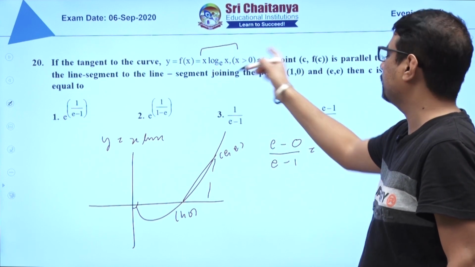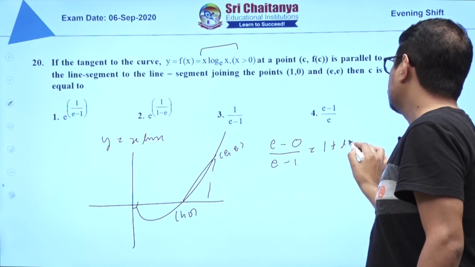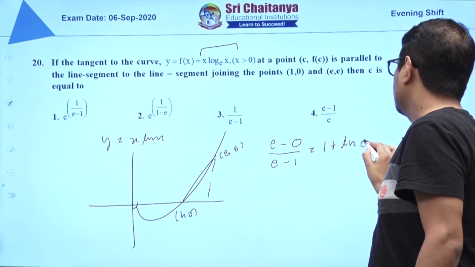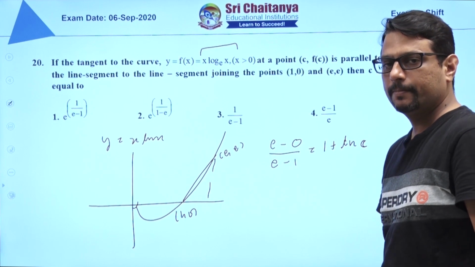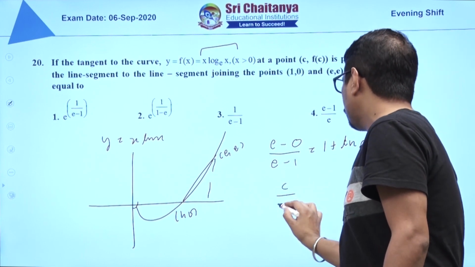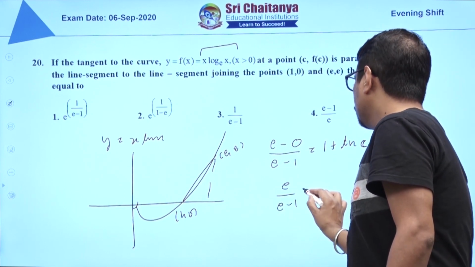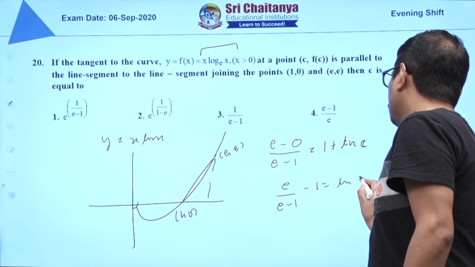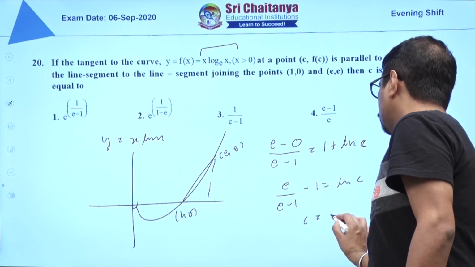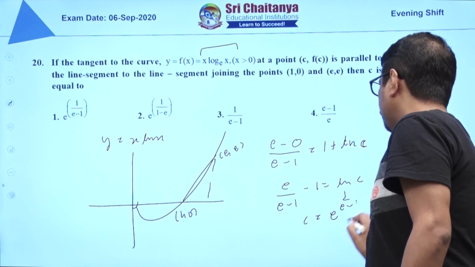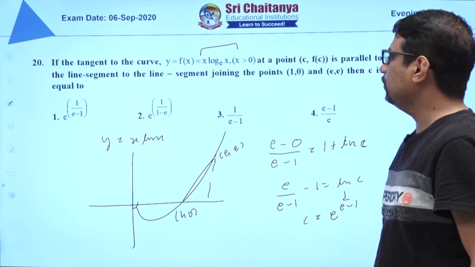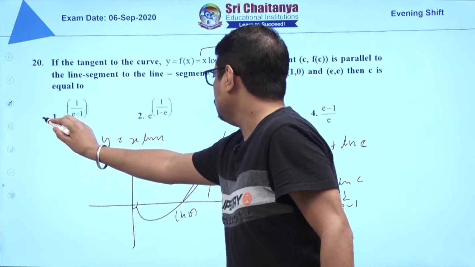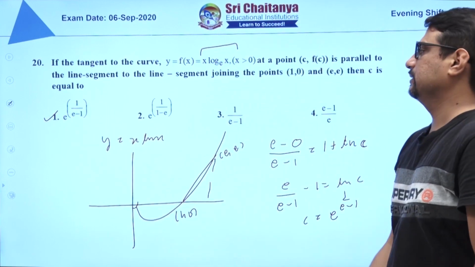F dash of c will be 1 plus log x. In place of x I am writing c. So this c, now you can calculate e upon e minus 1, minus 1 is equal to log c. So this will give you c is equal to e to the power 1 upon e minus 1. So e to the power 1 upon e minus 1, this will be our answer.